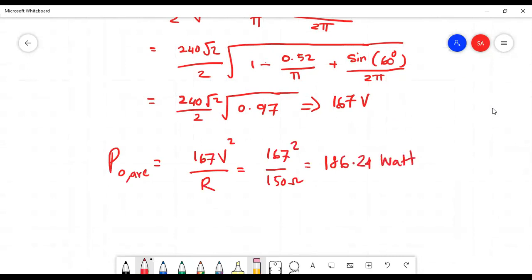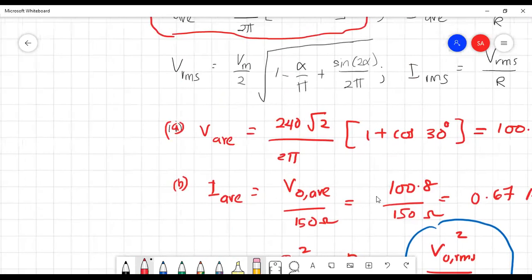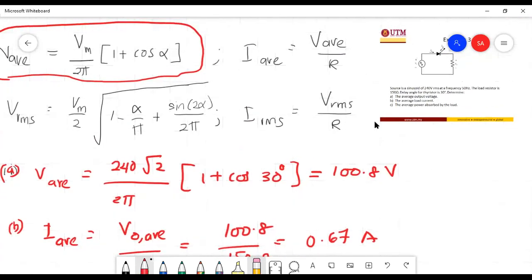Every time you are asked how to obtain the P out average, it means you need to use the RMS value instead of average voltage and average current. So we have completed our example 3.